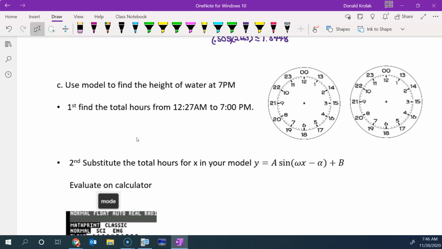So what you've got to do is figure out how much time there was between 12:27 a.m. and 7 p.m.